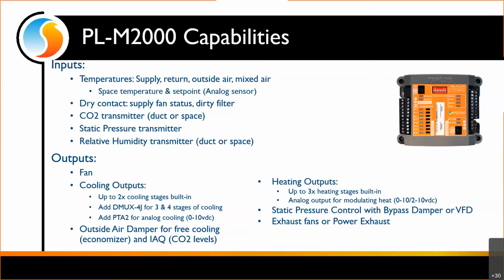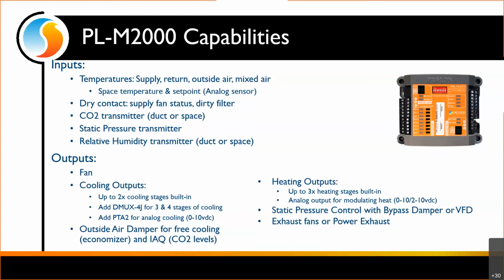We have a dedicated output for the outside air damper. If we want to do an economizer sequence or indoor air quality for a DCV, demand controlled ventilation, we are able to do that with this M2000 controller.